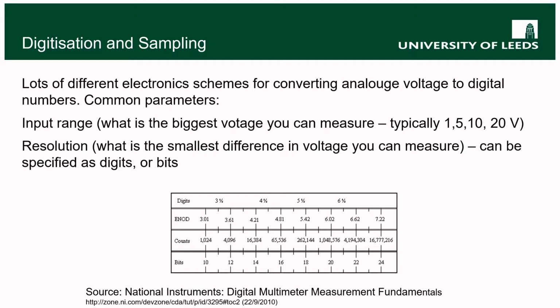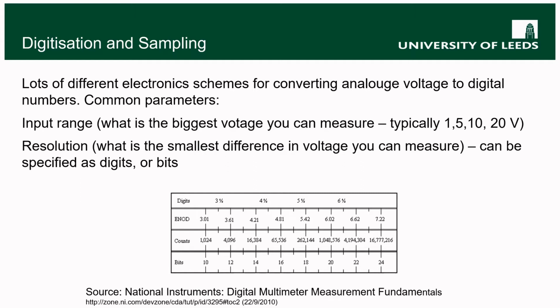And then we might want to talk about the resolution, which is the smallest difference in voltage you can measure. And again, there are various ways you might want to talk about that. You can specify it in terms of a number of digits, you can specify it in terms of a number of bits, or you can specify it in terms of a number of levels you can distinguish. So the table below shows how these convert between each other.